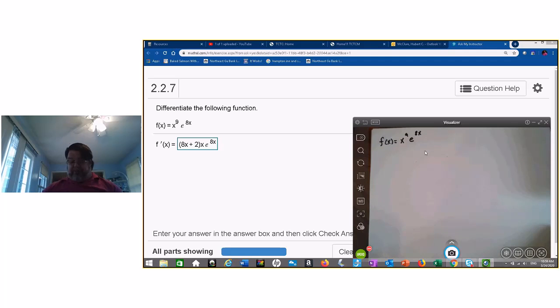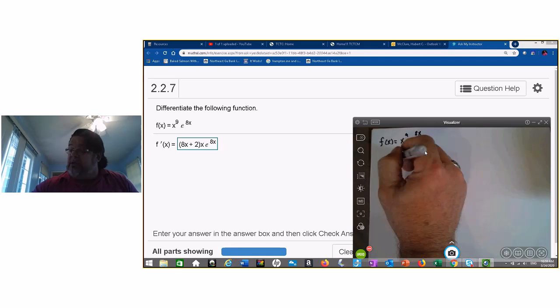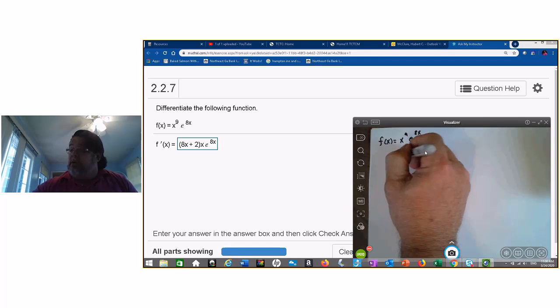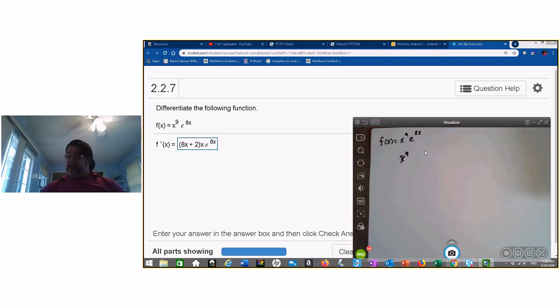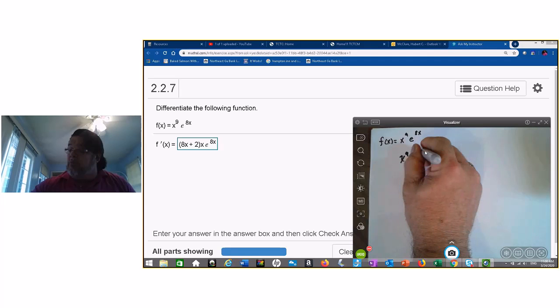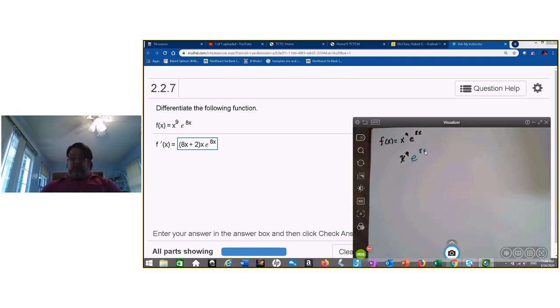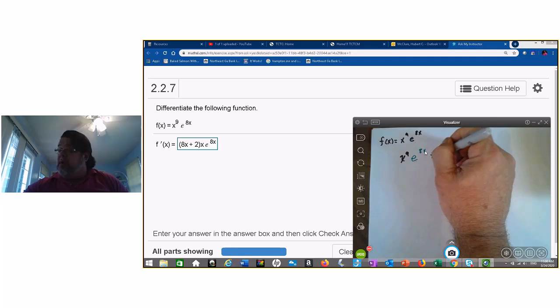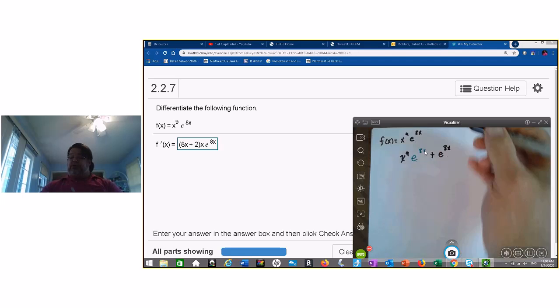First times the derivative of the second. So x to the 9th times the derivative of e to the 8x plus the second times the derivative of the first.